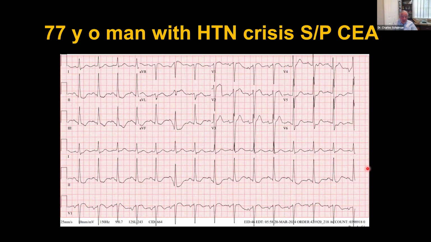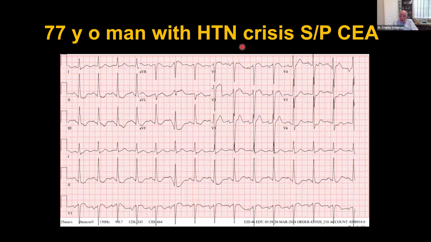Here's a man that was on the wards at Beth Israel not long ago. A 77-year-old man with known hypertension who had a carotid endarterectomy, and in the recovery room he developed extreme hypertension and a hypertensive crisis because he had chest pain.